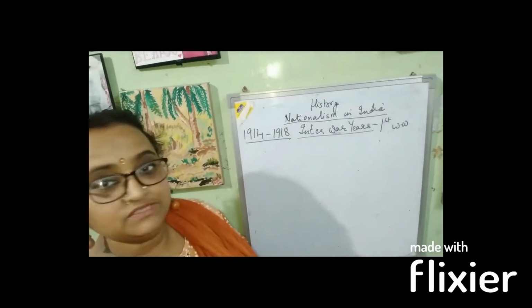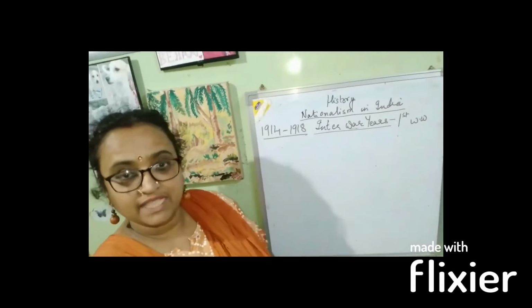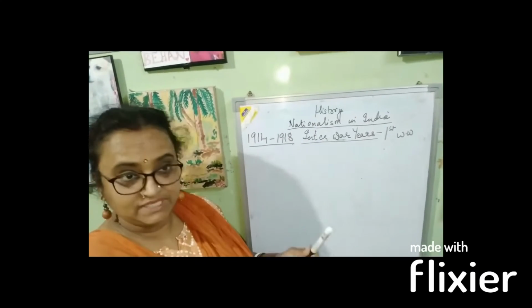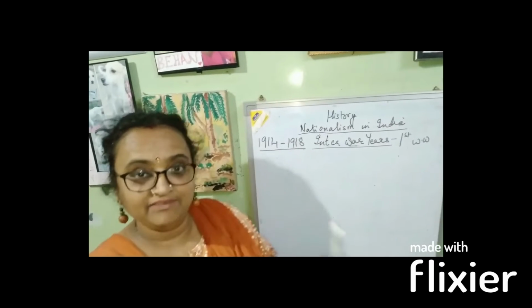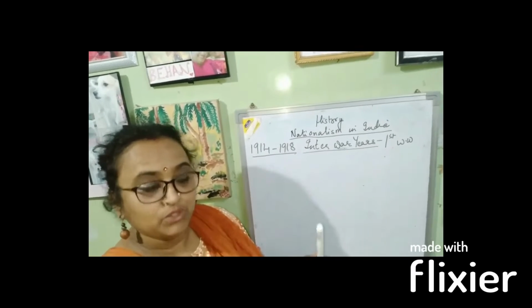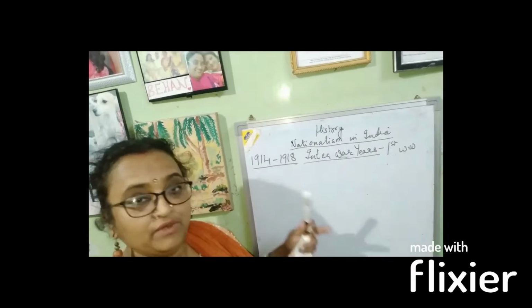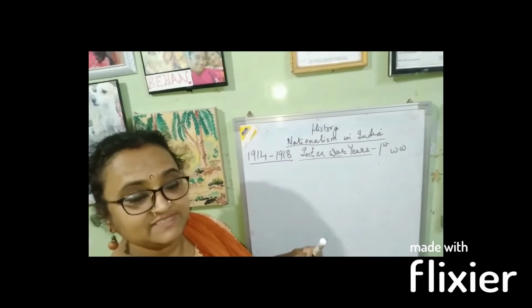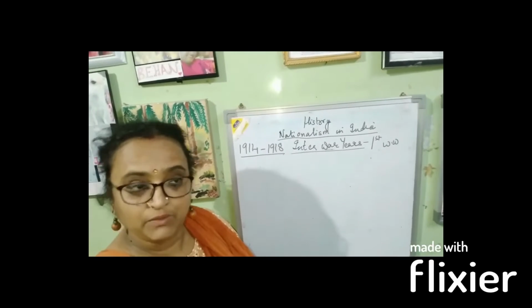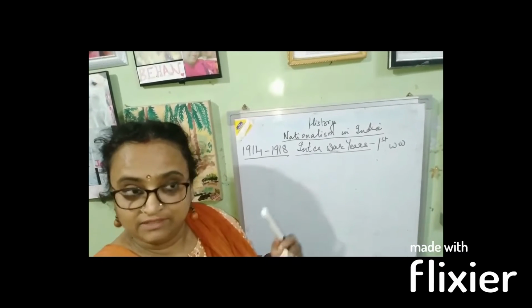Now, during the First World War, Britain was heavily involved in the war, and so it needed a lot of money. You see, these days we are living under the threat of a war between Russia and Ukraine. Right? And if you are watching the news continuously, you must have seen that already the prices have started increasing, especially in USA, which is going to be part of the World War.